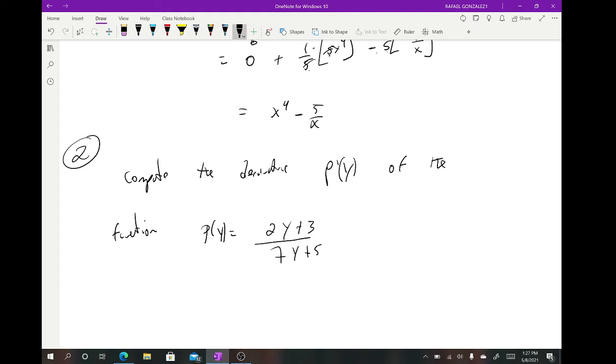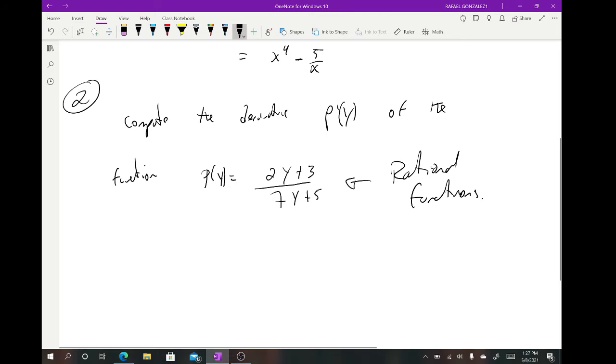Now, notice that in this problem, we have a rational function. So this is a rational function, which means that we're dealing with a fraction, and if we're dealing with a fraction, we have to use the quotient rule. And remember what the quotient rule said.